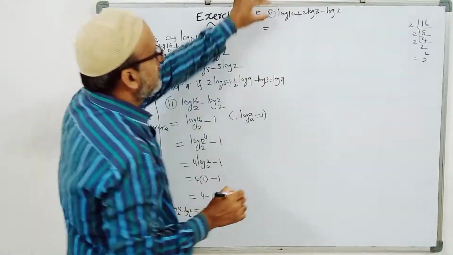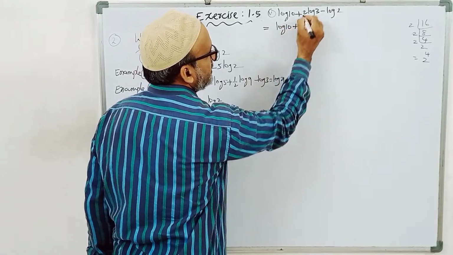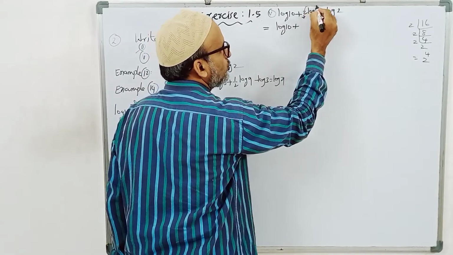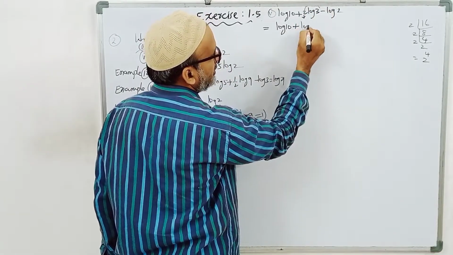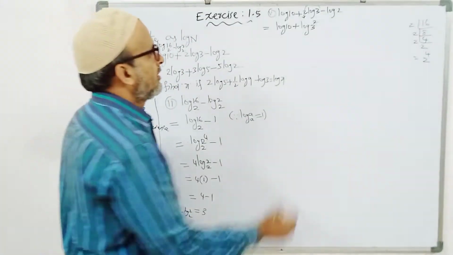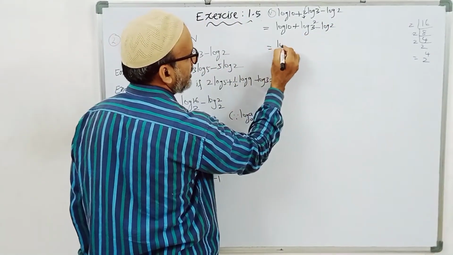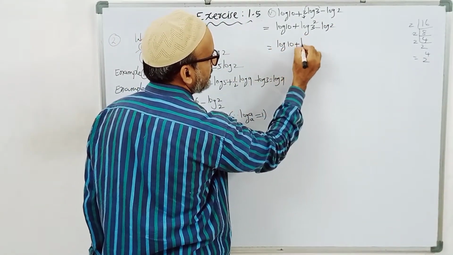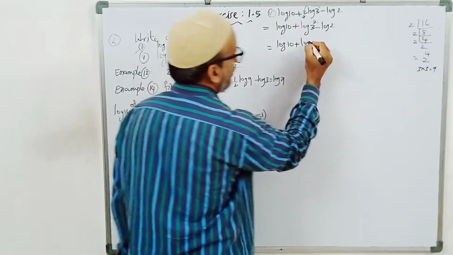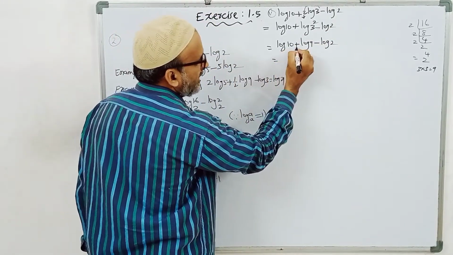Now you see, the single logarithm of 10 has no disturbance, plus this is called the coefficient. The coefficient will go to the degree, so logarithm of 3 squared, minus the single logarithm of 2. This is equal to logarithm of 10 plus logarithm of 3 square, 3 into 3 is 9, logarithm of 9 minus logarithm of 2.